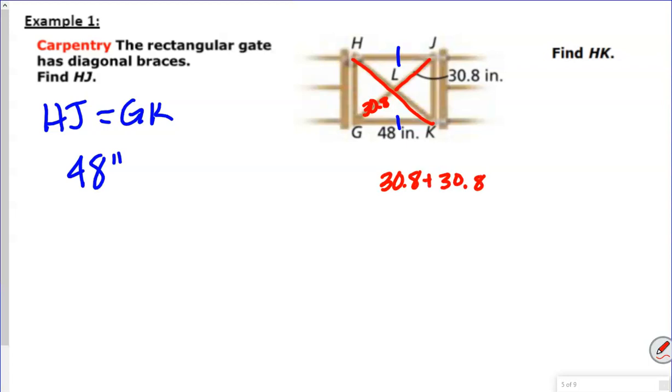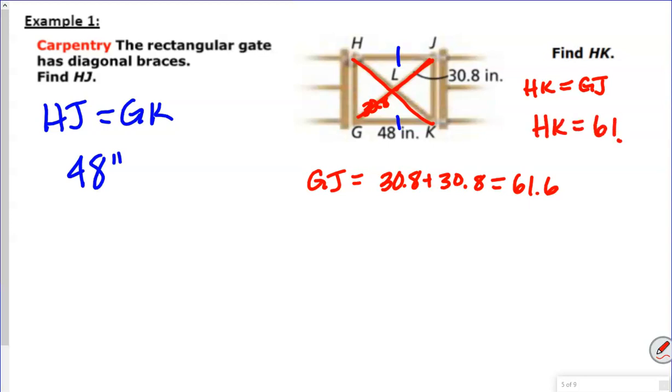Well, that would be 61.6 for the whole diagonal, right? So we know HK is equal to GJ, right? So we just found GJ, didn't we? GJ was equal to 30.8 plus 30.8, so HK is going to be 61.6 as well.